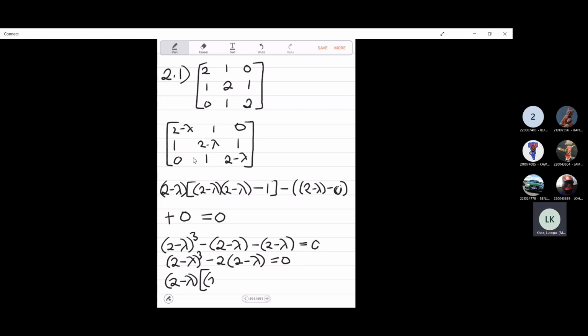And we have 2 minus lambda squared minus 2 is equal to 0. And then multiply this out and simplify. So you can see first we'll have this is equal to 0, and then again here we don't even need to multiply, we just equate it to 0.